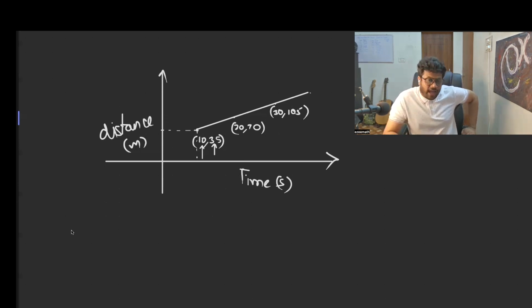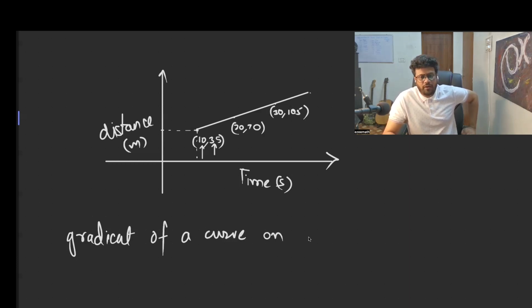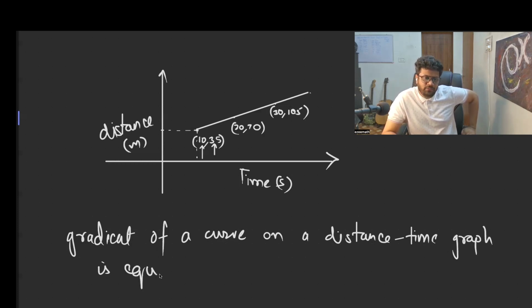It's the fact that the gradient of a curve on a distance time graph is equal to the speed of the object.